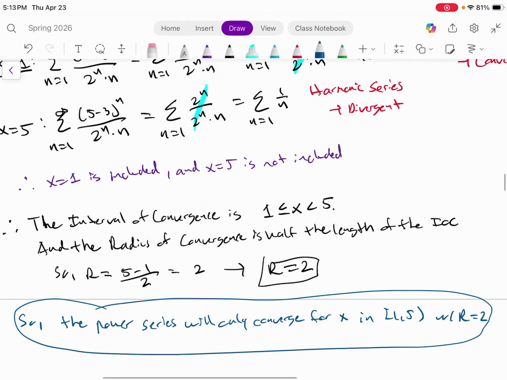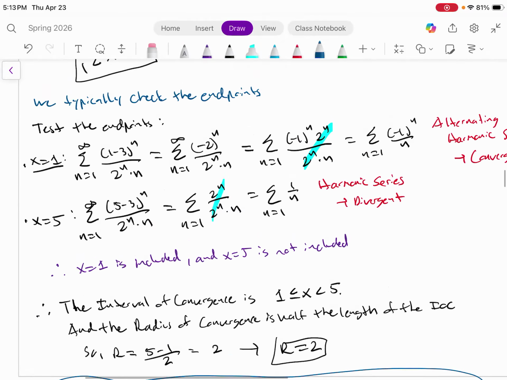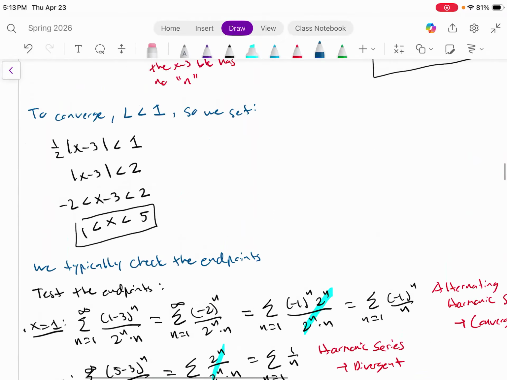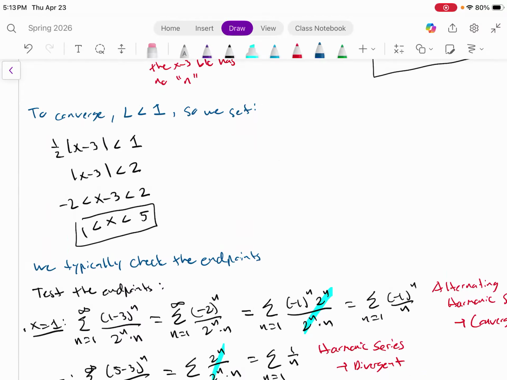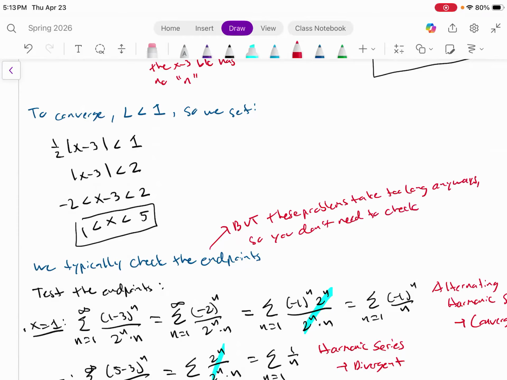So I went ahead and tested the endpoints to see whether they should be included or not included. But the issue with that is these problems take too long anyways. So you don't need to check the endpoints in the future problems that you're doing.